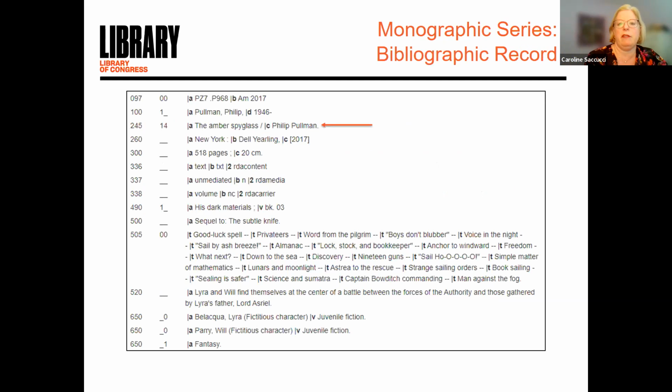So for instance, this is a bibliographic record in the Library of Congress catalog for The Amber Spyglass. In this situation, the cataloger looked at the item and determined that The Amber Spyglass was what was going to be highlighted, and that we could argue that it was in a series that was numbered, book 3.